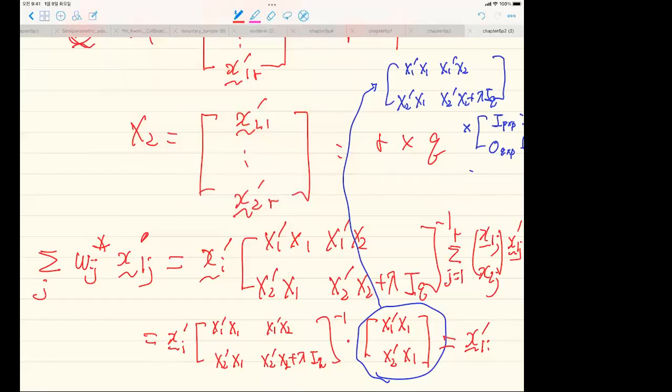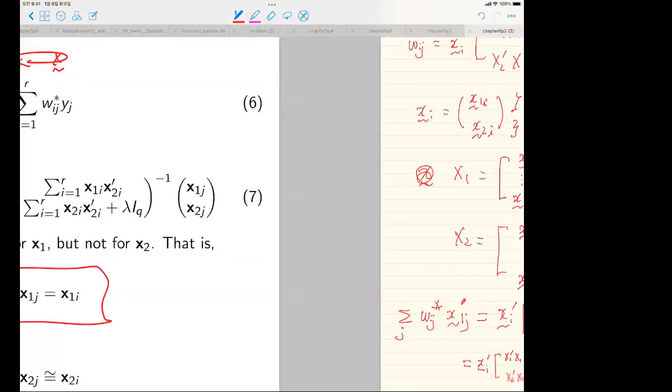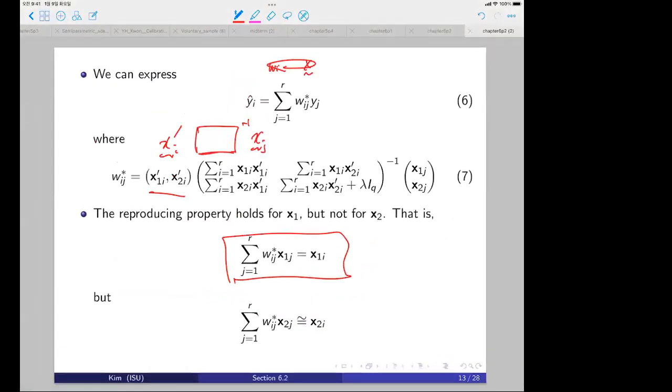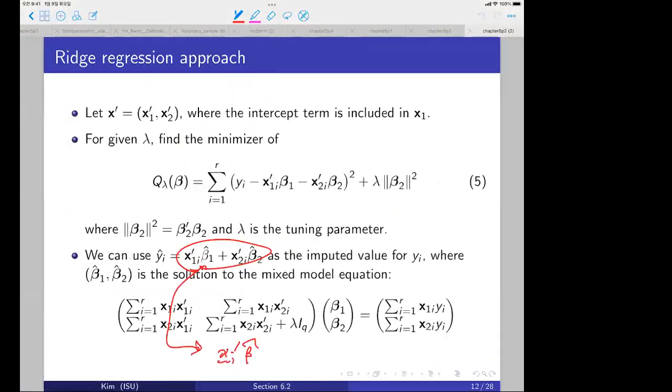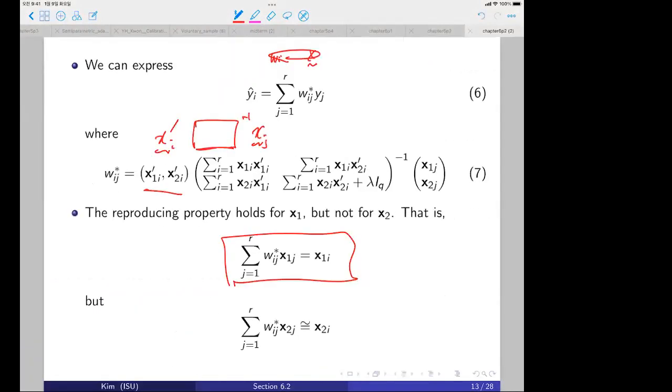because you do this kind of ridge shrinkage to the second component only, but not the first component. So here's a point.